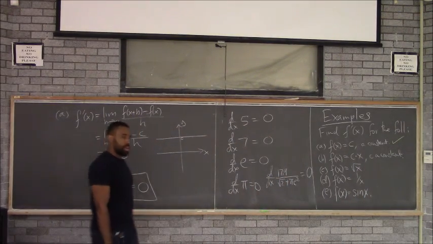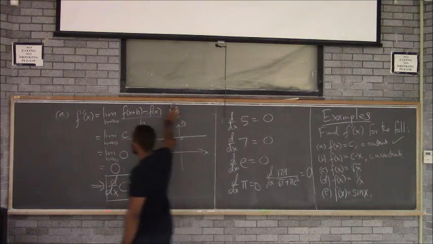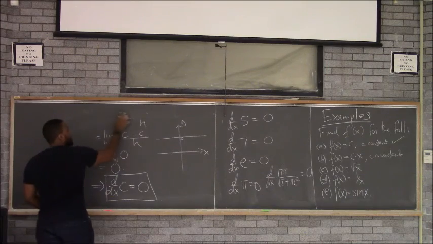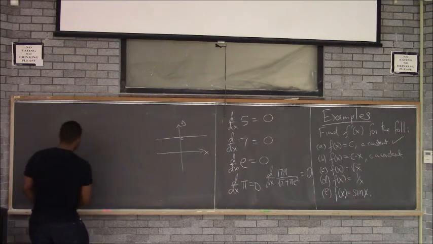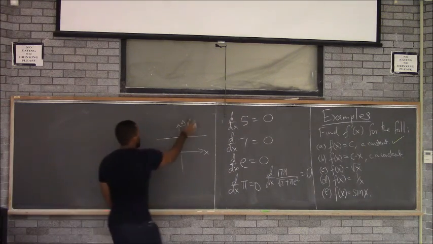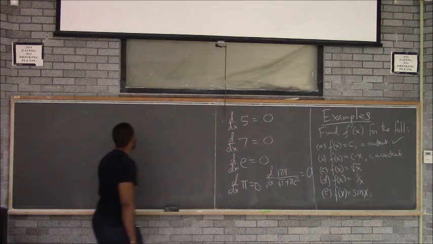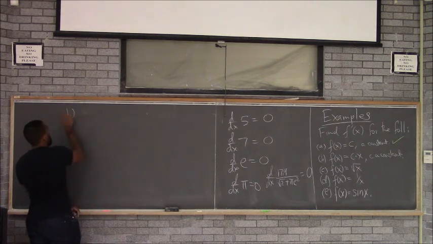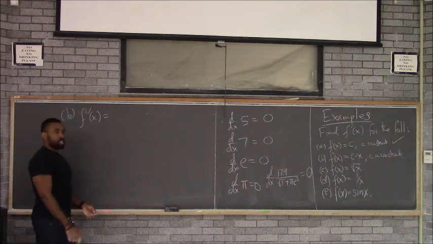Let's do a constant times x. If I have a constant times x, what is the derivative of that? What is f prime of x?